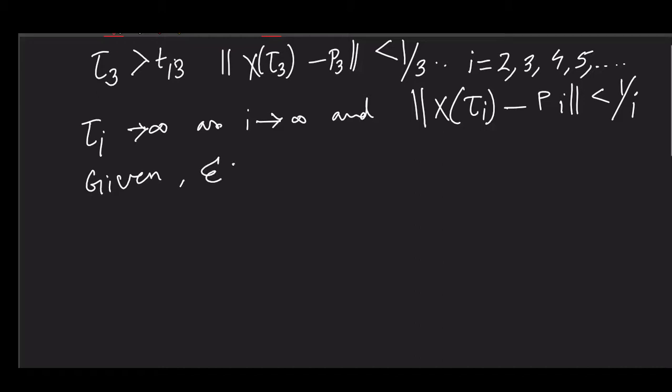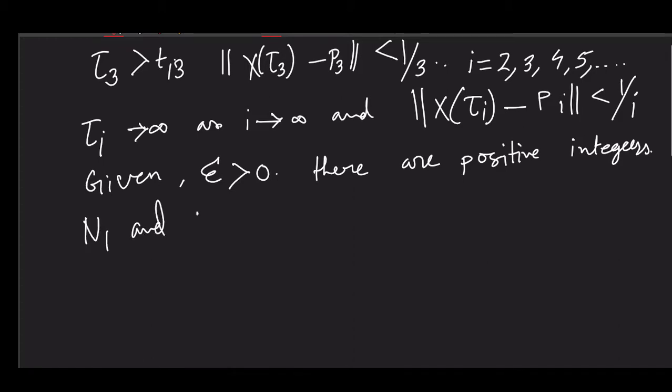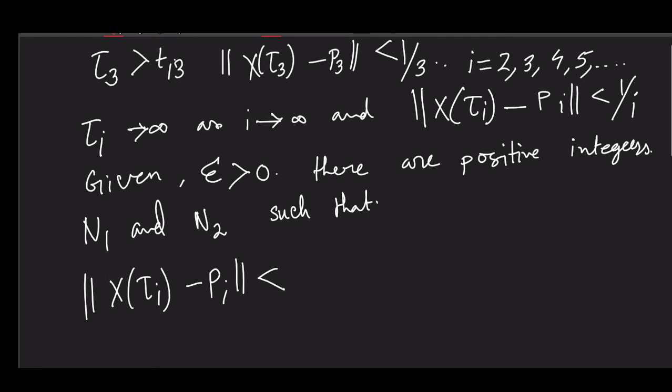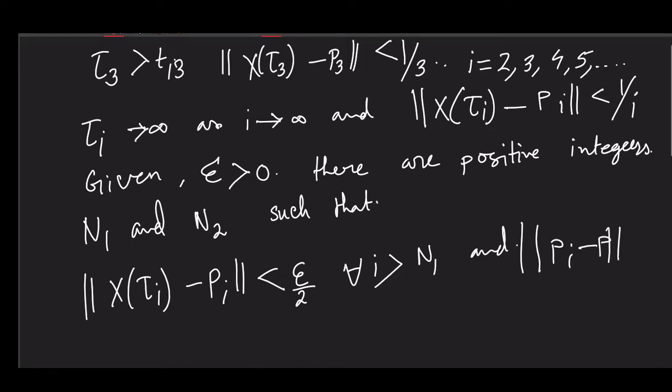So given epsilon greater than 0, there are positive integers n1 and n2 such that, so we are having these two.